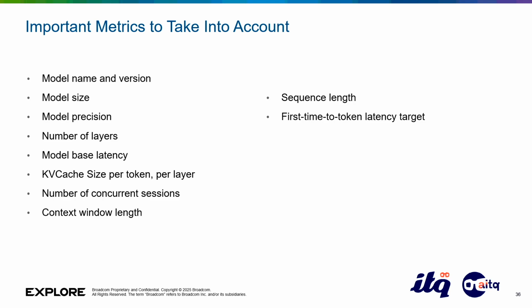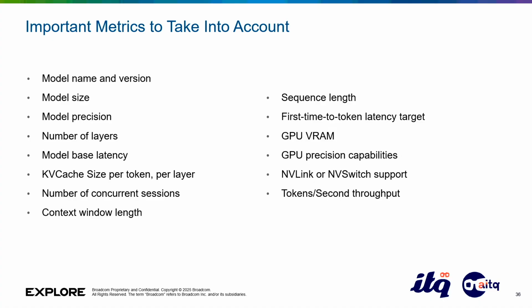I ask a question and I don't want it to take like 30 seconds before I get an answer. Or maybe I do, I don't know. The VRAM requirements, the GPU precision capabilities, NVLink or NVSwitch support, the tokens a second throughput, memory bandwidth, it's a lot. Teraflops a second of my GPU.